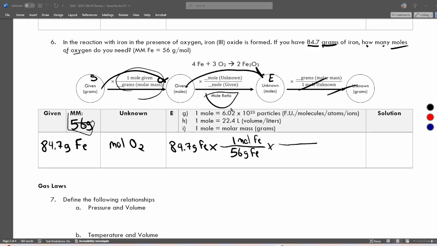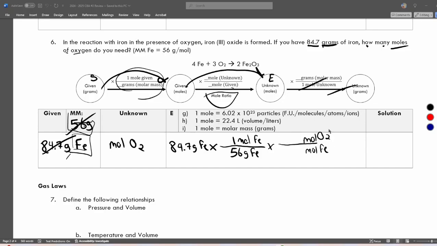What goes on the bottom of my fraction? It says moles of given, so moles of iron. And on top it says moles of unknown, so moles of O2. Again, I know that this says grams, but when it says moles of given, you're just going to use your substance, okay?